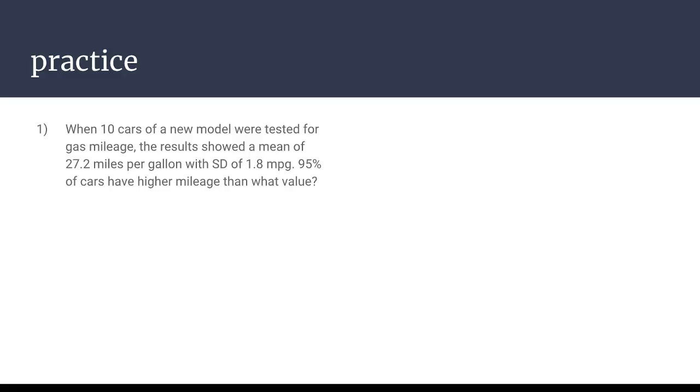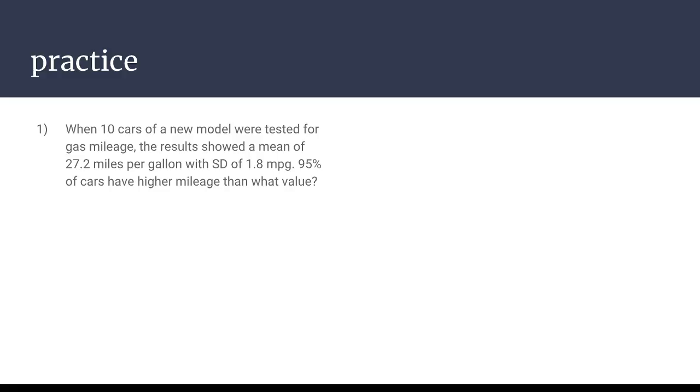So let's simplify it. We get negative 1.0434 equals x minus 27.2. So then we get 27.2 minus this number.